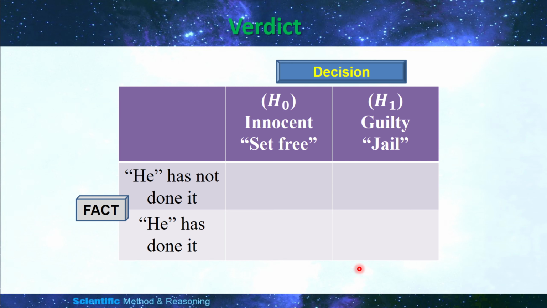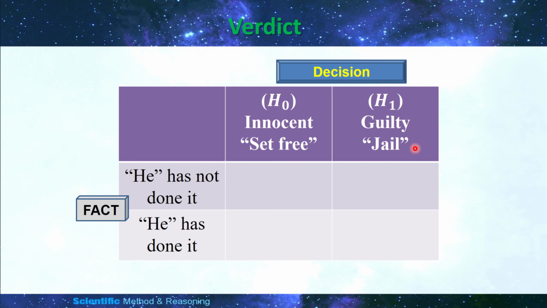Now this idea, the rationale or the philosophy or the concept of hypothesis testing, is very much similar to a verdict in a court case. In a court case, the judge will have to make a decision whether to accept the null hypothesis or to accept the alternative hypothesis, where the null hypothesis is that the suspect is innocent, he had not committed the crime, and the consequence is that you have to let the suspect go if the null hypothesis is accepted.